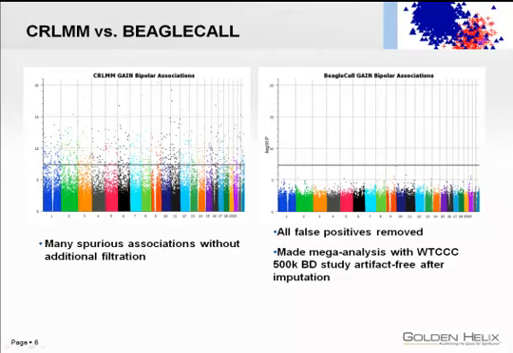And if the call rate was below 97%, that's the default. We could have made it more lax, and maybe there would have been some more spurious. We have seen some spurious associations for BEAGLECALL in other studies, but largely it's the lowest we've seen in any methodology. It's not perfect, but it's much better than we've seen with any other calling method.